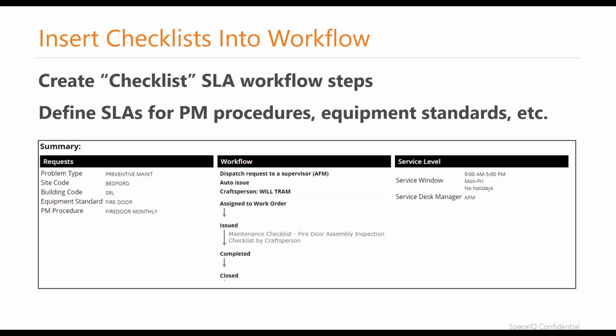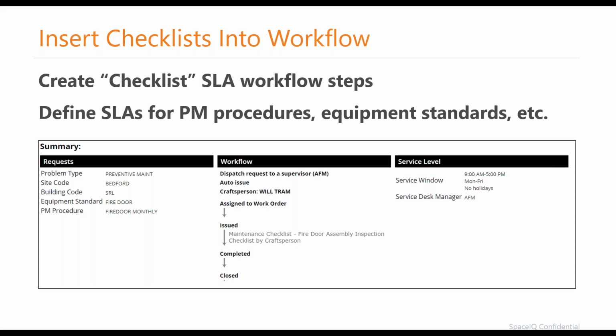Now, once you've created those checklists, what do you want to do? You want to use them. What we've done is provide the ability to use those checklists in SLA workflow. So you can create those checklists, and then you can create an SLA workflow step called checklist, and put those into your SLAs for preventive maintenance work and for on-demand work.